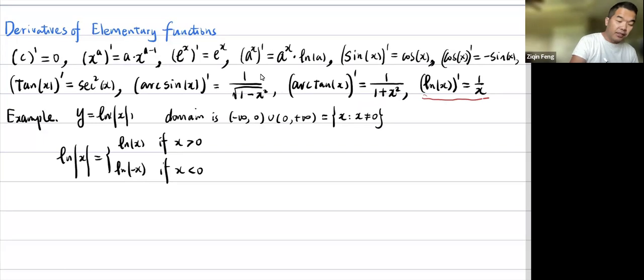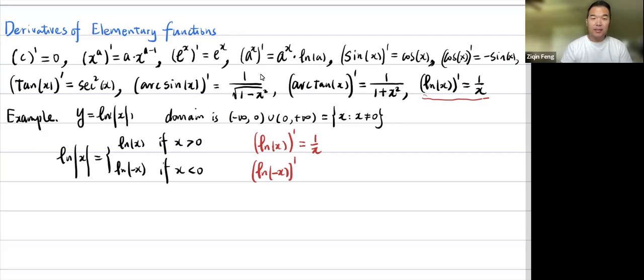So let's try to differentiate them separately when x is greater than 0 or x is less than 0. In this case, natural log of x, when x is positive, its prime is 1 over x. So that's our formula in the list, right? The other one, natural log of negative x prime. Now you can see that that is a composition of two functions, right?